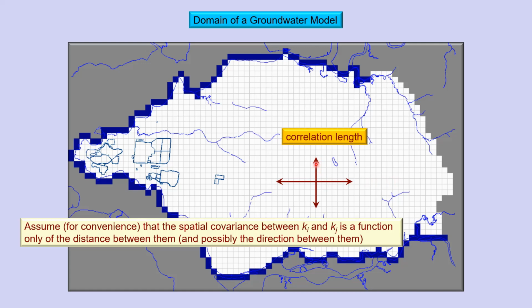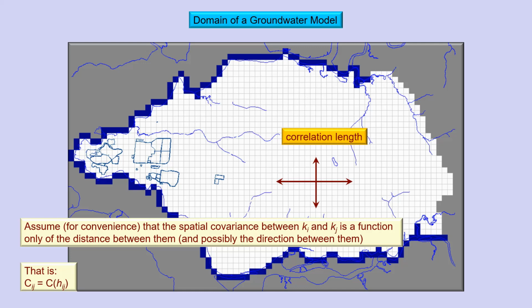They are anisotropic. But the point here is that I'm making an assumption that covariance between the properties at different points is a relatively simple function of the distance between those points. Or to put it mathematically, I'm assuming that Cij, the covariance occupying row I, column J of that covariance matrix, is a function of the distance between the points that row I and column J represent.